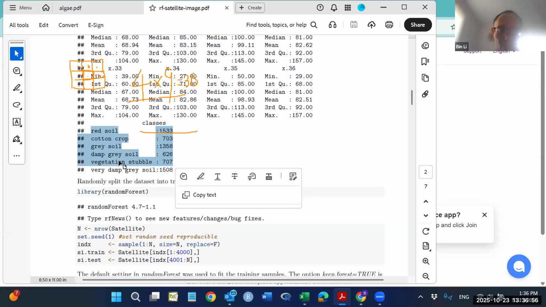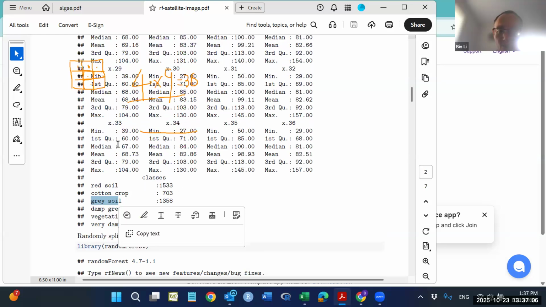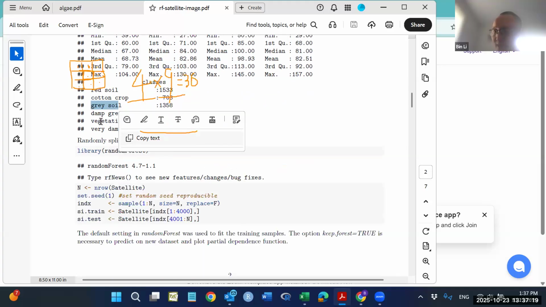There are three types of gray soil: gray, damp, and very damp. We need to predict these classes through the 9 pixel readings, although the response class is the central one.